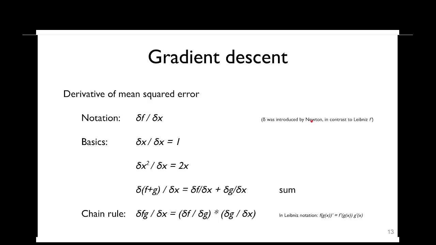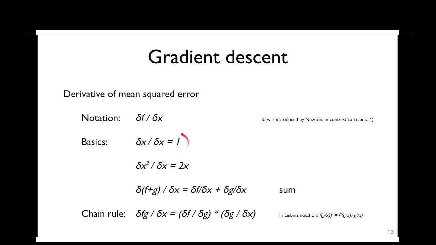Although, mind you, Leibniz also used this delta. As a little side note, in your physics classes you use the notation x dot, and in your math classes you used f prime. That's exactly the difference between Newton and Leibniz, who both introduced calculus at the same time but using different notations. So be it as it may, we denote the derivative by delta f over delta x.